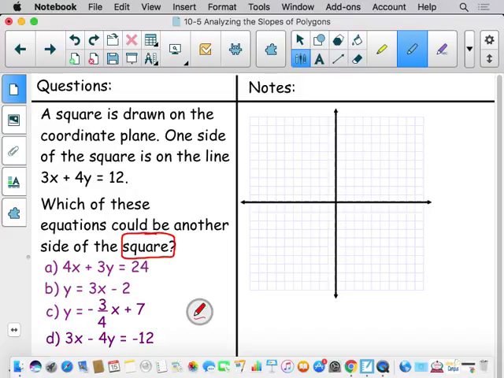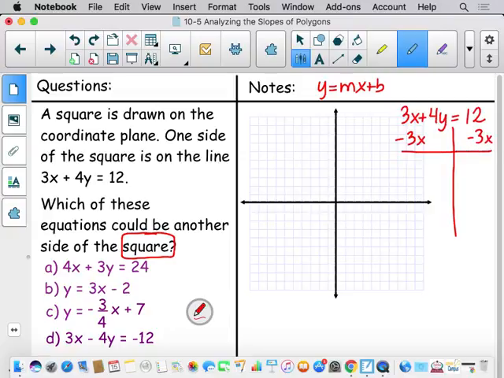So 3x plus 4y equals 12. The first thing I better figure out is where that line is. So I need to write this equation in slope-intercept form. If I subtract 3x on both sides, I get 4y equals negative 3x plus 12.